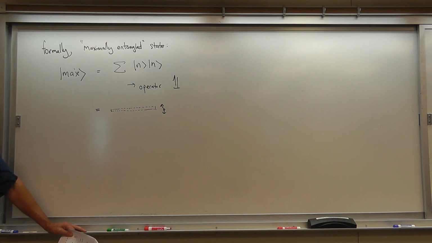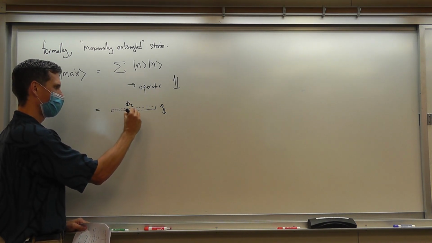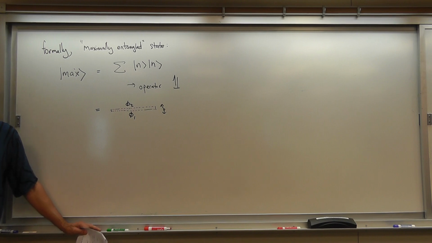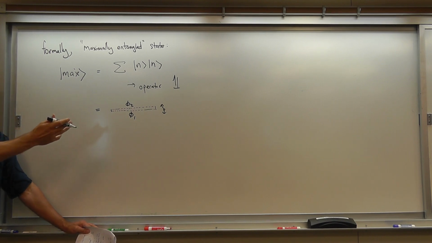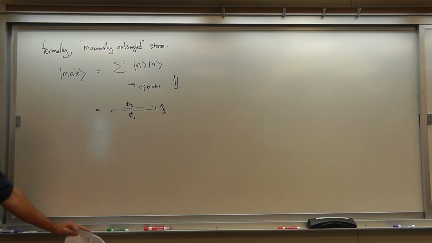That makes a lot of sense, because if I put field data phi 2 here and phi 1 there, then what's the path integral going to do? It's just going to give a delta function that says that phi 1 has to equal phi 2 when you bring these two things together. So that really is the identity operator. So the path integral on the nothing strip is the maximally mixed state.